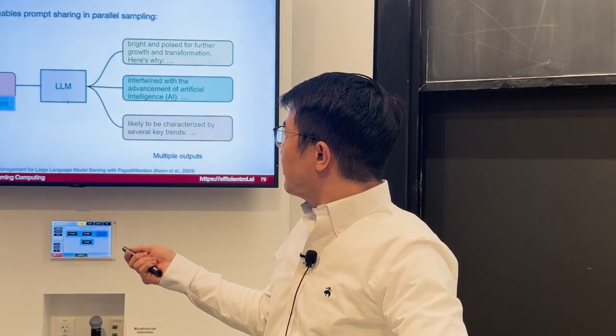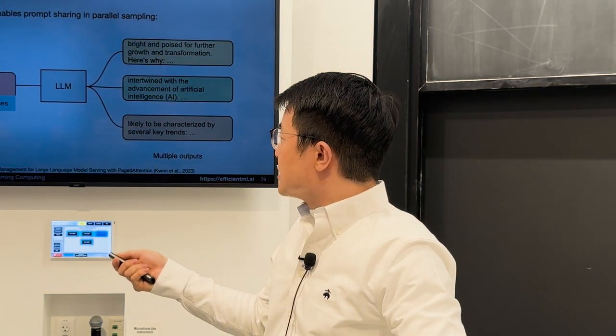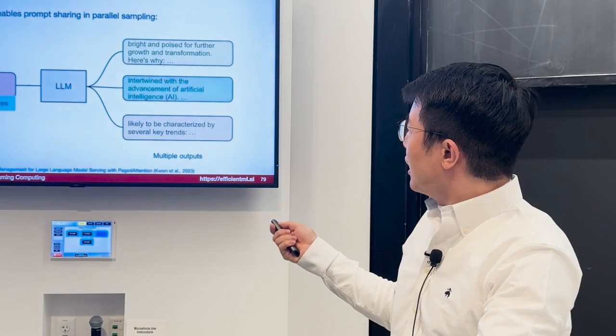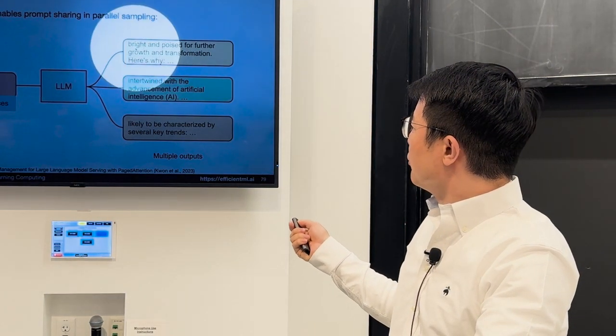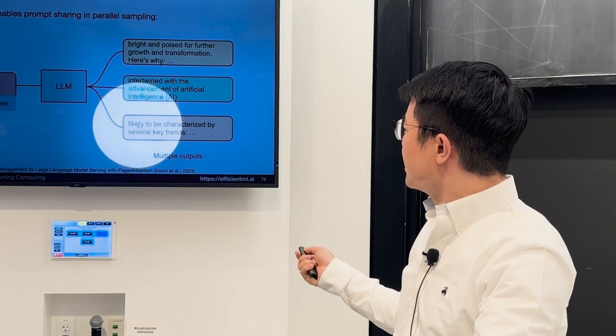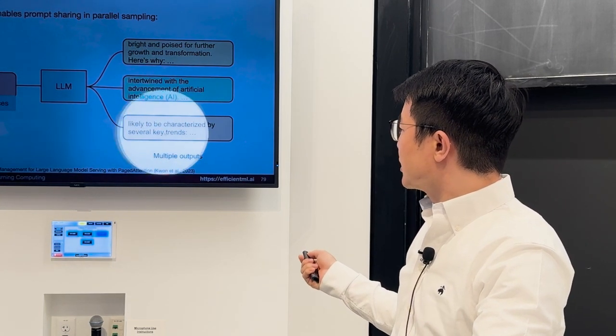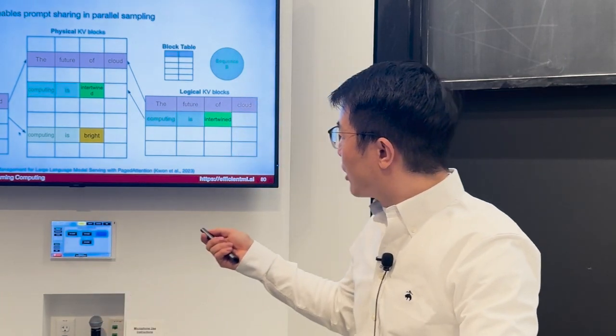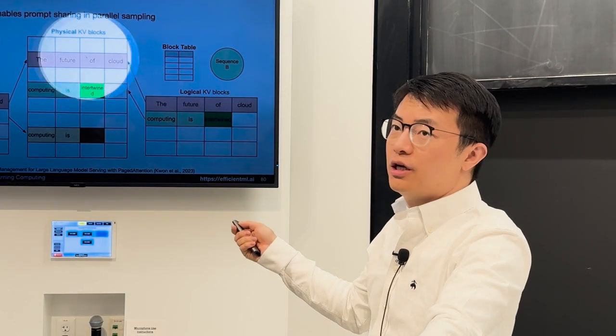So during parallel sampling, say this is the prompt. Future of cloud computing is bright and poised for further growth, intertwined with advancement of artificial intelligence, likely to be characterized by several key trends. So for different outputs, they share the same input, and then you can allocate just a single KV block for this shared prompt.